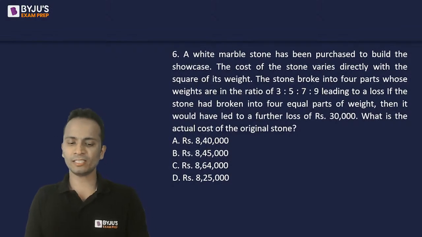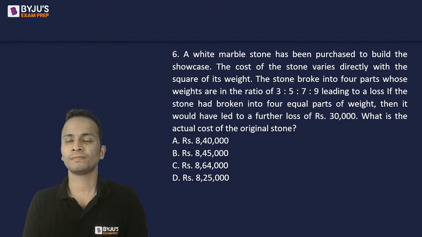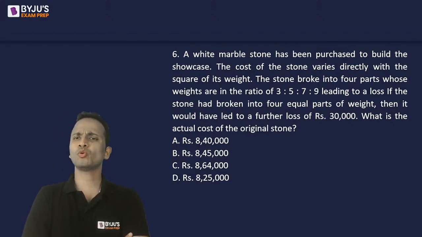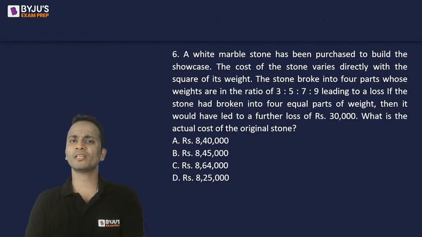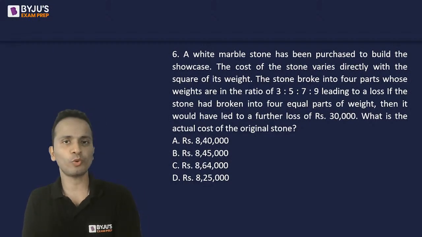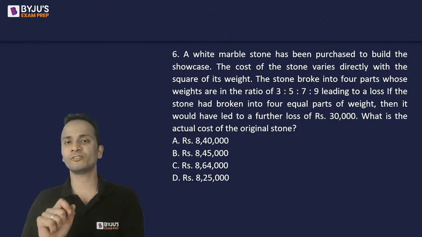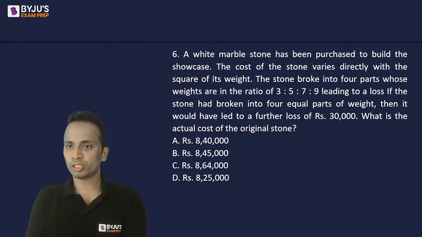Try to calculate the answer of this question as soon as possible. A white marble stone has been purchased to build the showcase. The cost of the stone varies directly with the square of the weight. The stone broke into 4 parts whose weights are in this ratio, leading to a loss.